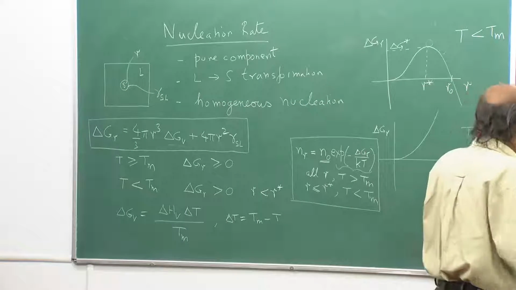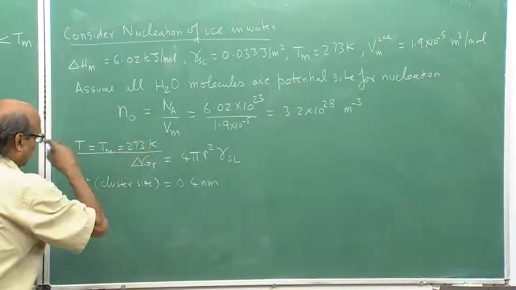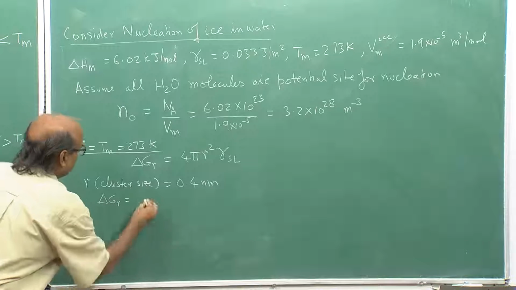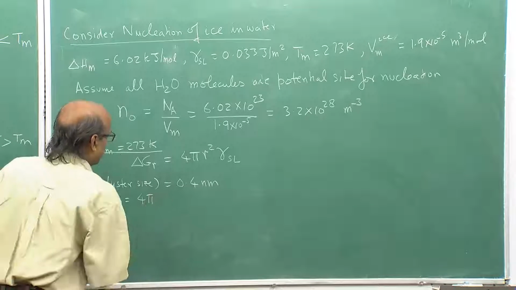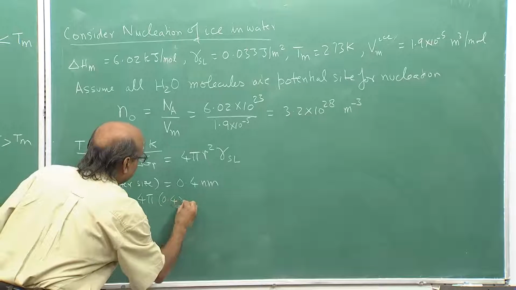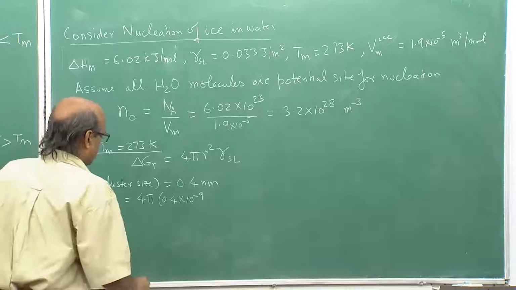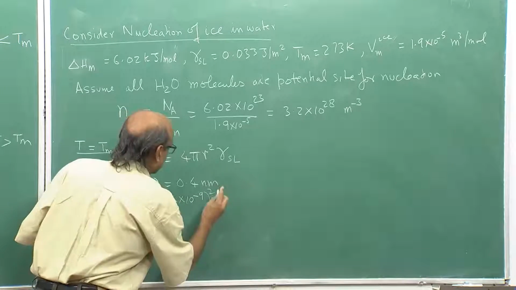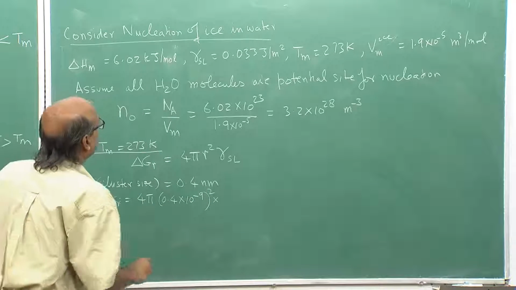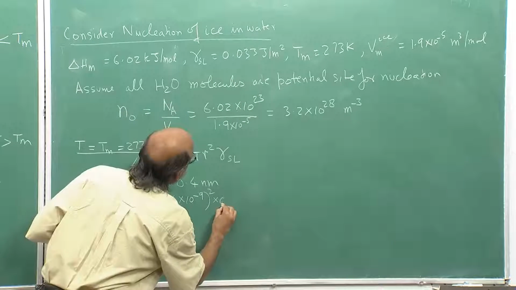For this, first let us calculate for 0.4 nanometers delta GR, which is 4 pi times R squared, where R is 0.4 into 10 to the power minus 9 to convert this to meters, multiplied by gamma SL, which is 0.033 joules per meter square.